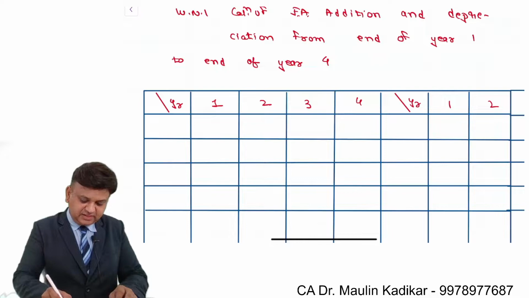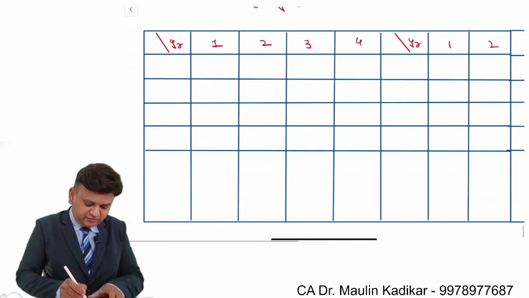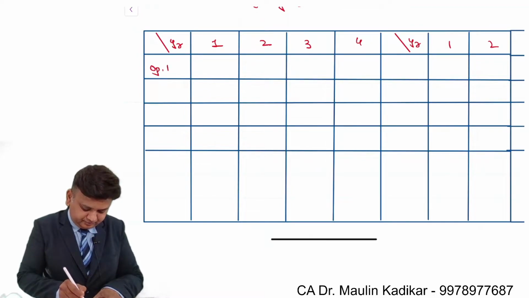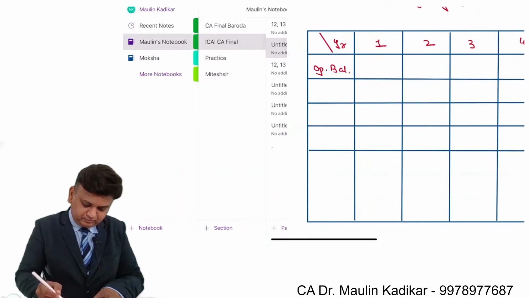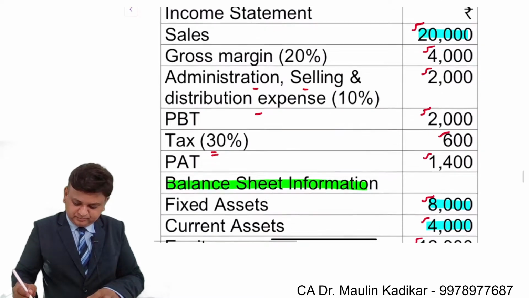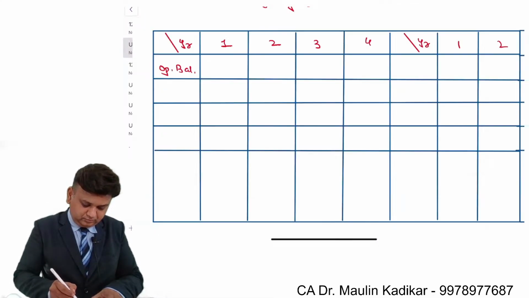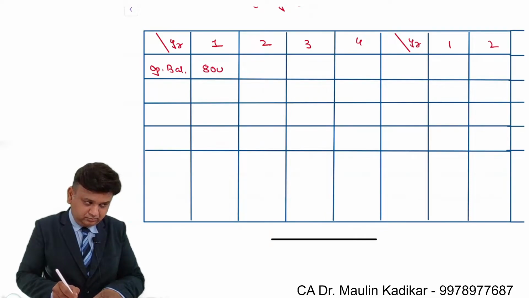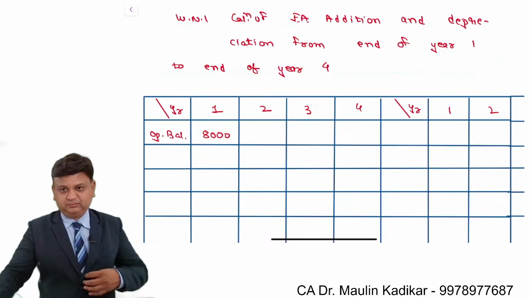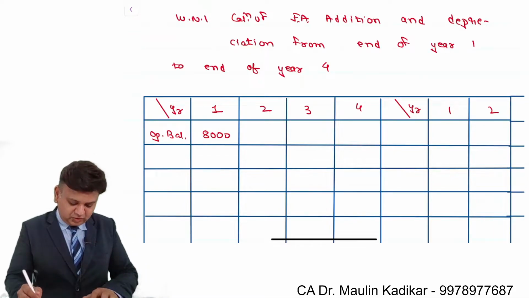Now let us understand how to do the answer. We start with the opening balance for year 1. In that it is 8,000. So the opening balance is 8,000.